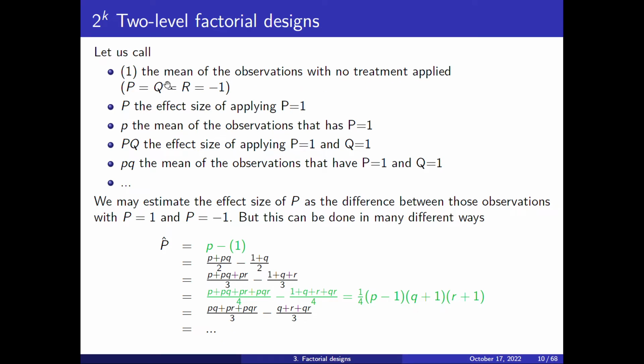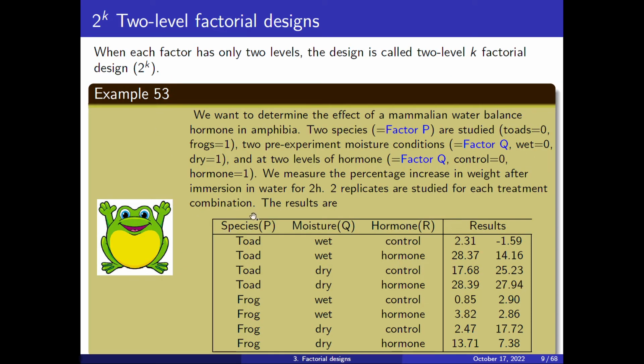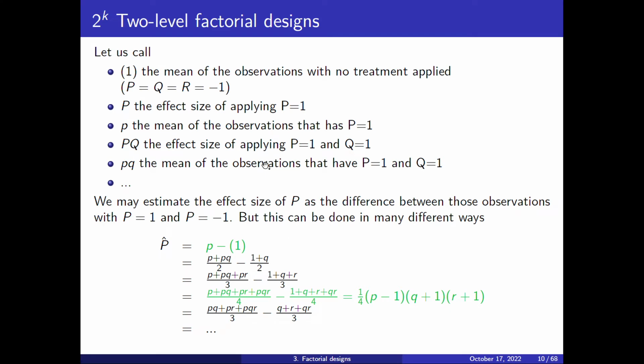So we have 2 levels for each of P, Q, and R. We will call 0 toads, frogs will be equal 1, wet will be 0, dry will be 1, control will be 0, hormone will be 1. 0 or minus 1, it doesn't matter, it is just the naming.